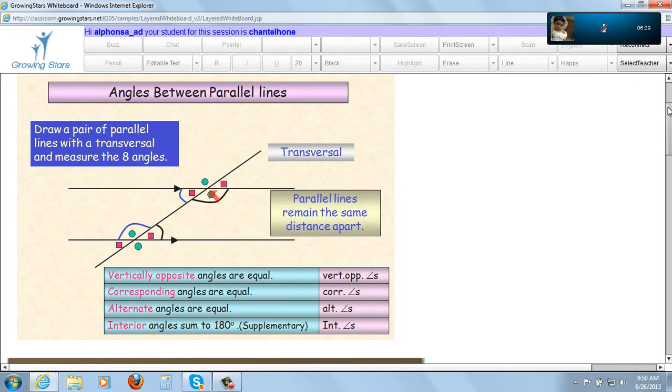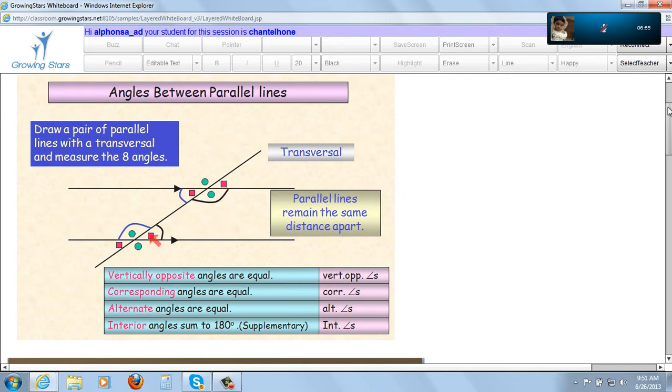Then corresponding angles. Can you see this? They are corresponding angles. By drawing the two parallel lines and the transversal, if we measure the 8 angles formed, we can see that vertically opposite angles are equal and also corresponding angles.